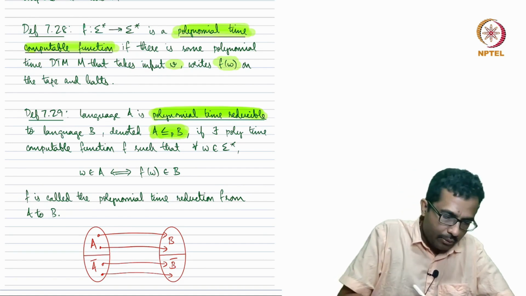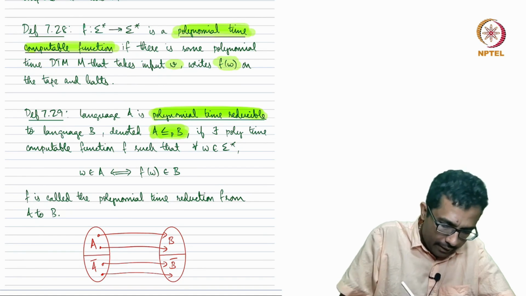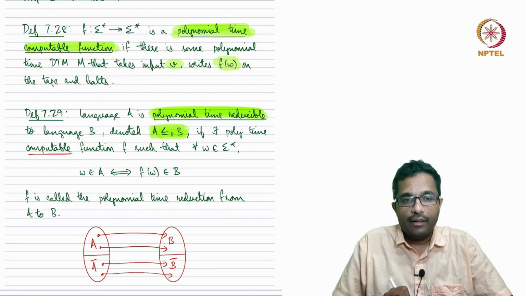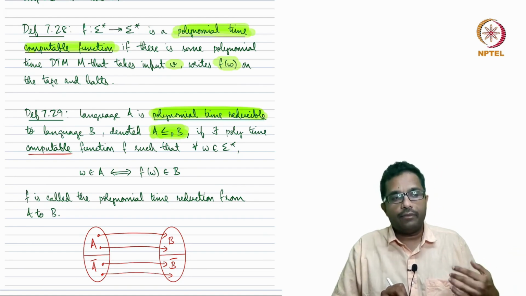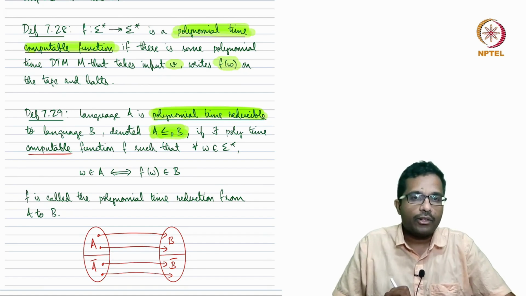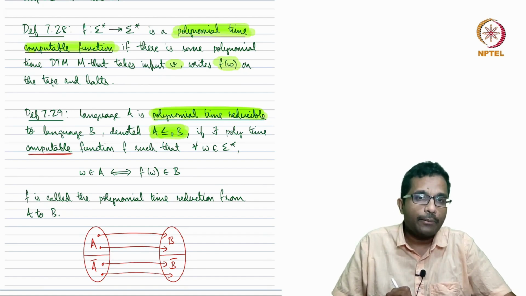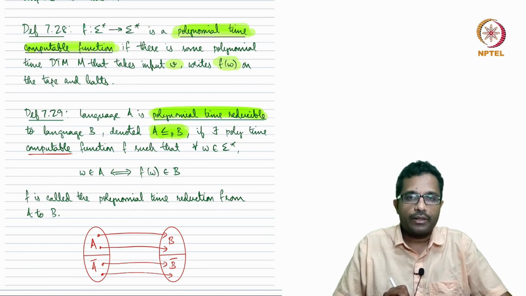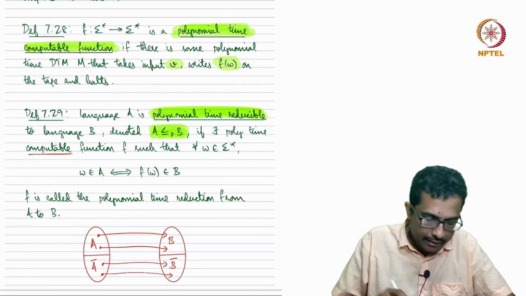This is what I am highlighting. This function should be polynomial time computable in the case of a polynomial time reduction, whereas in the case of mapping reduction, we just want it to be computable by some Turing machine. Here we are saying that it should be computable by a polynomial time Turing machine. And the rest is standard.